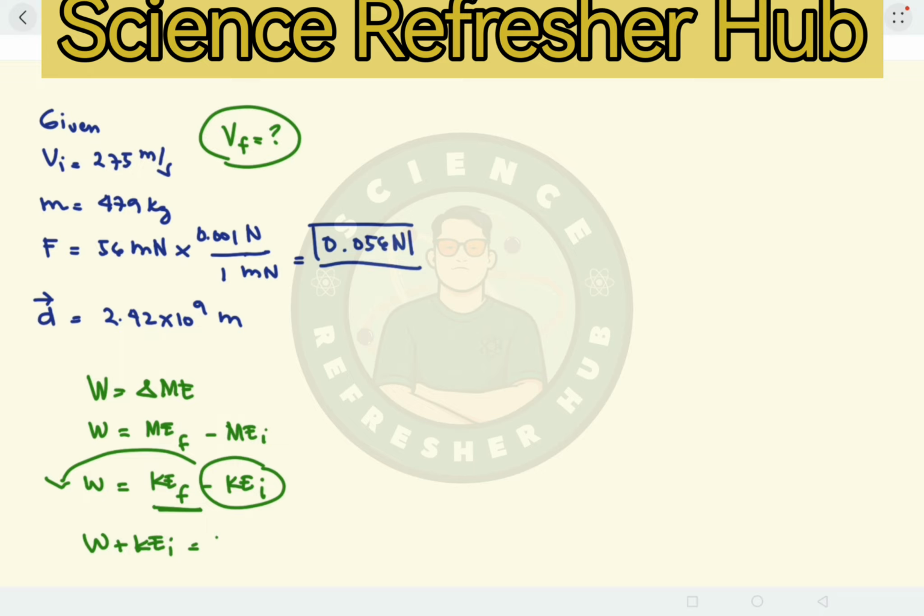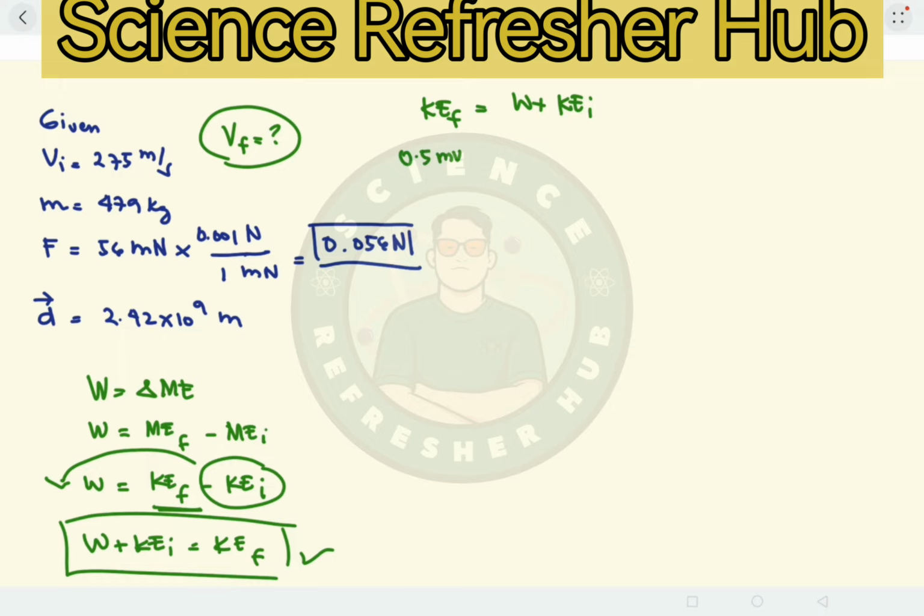Negative becomes positive in KEF. We will be using this formula. KEF is equal to work plus KEI. And we will put the formulas of each variable here. So kinetic energy, 0.5 mass velocity squared, is equal to work, force times displacement, plus kinetic energy, 0.5 times the mass times velocity squared.